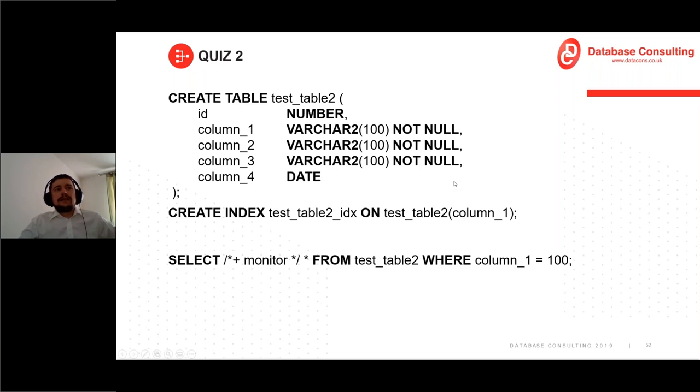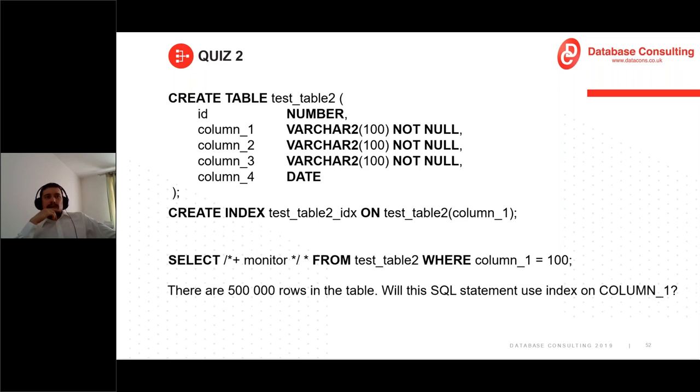We create an index on column 1, the varchar, and we run a query that filters out rows where column 1 equals 100. Let's assume there are 5,000 rows in the table. Will this statement use the index on column 1? Yes, or I don't think so.